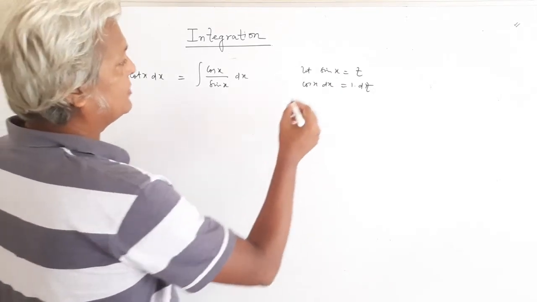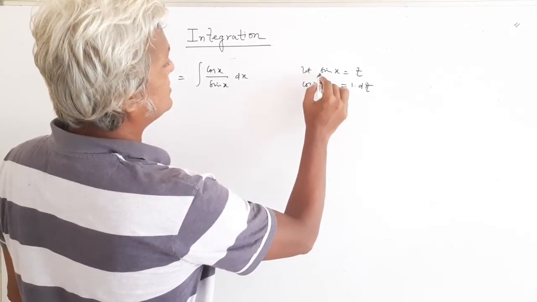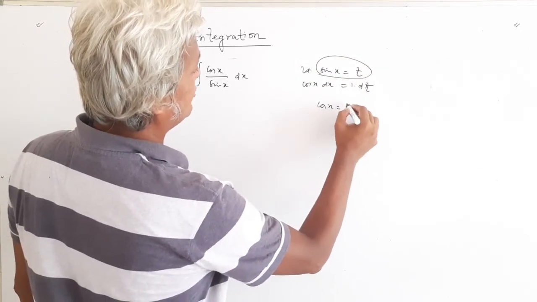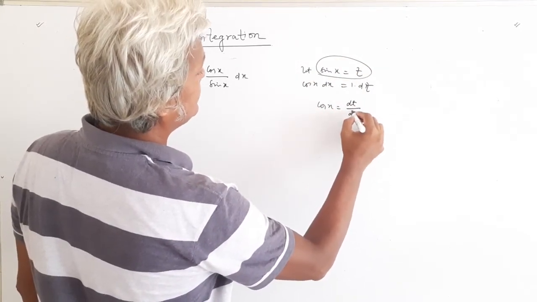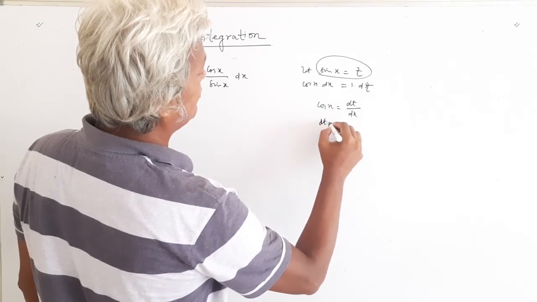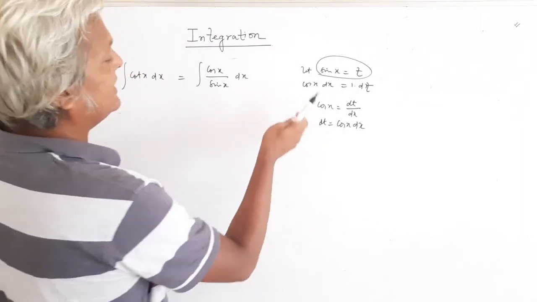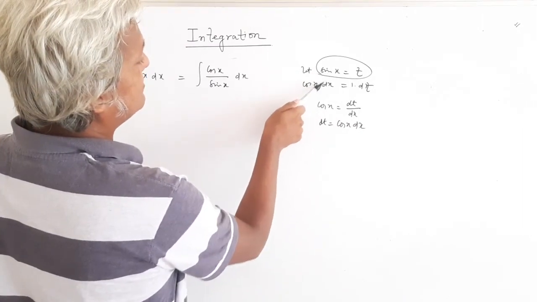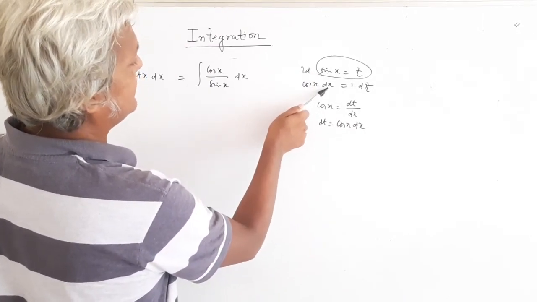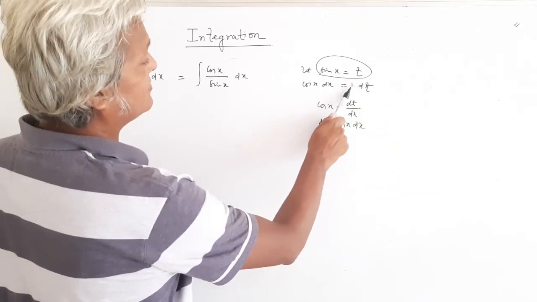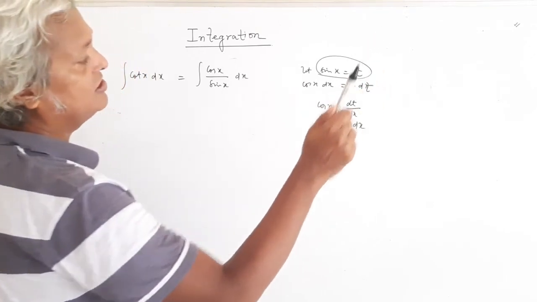There is no difference, because if you write differentiating both sides with respect to x, then you get cos x equal to dt by dx, and then you write dt equal to cos x dx. Or you can directly say that differentiate sin x, make it cos x, and then you attach dx. Differentiate t with respect to t, so the differential becomes 1, and then just attach x.